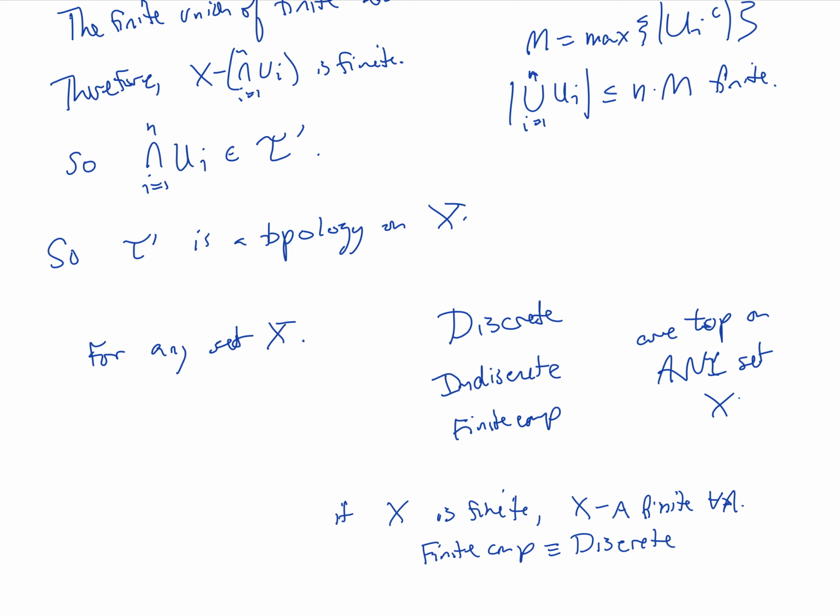So if X is a finite set, then the finite complement topology and the discrete topology are actually the same thing, but if X is an infinite set, then they are not.